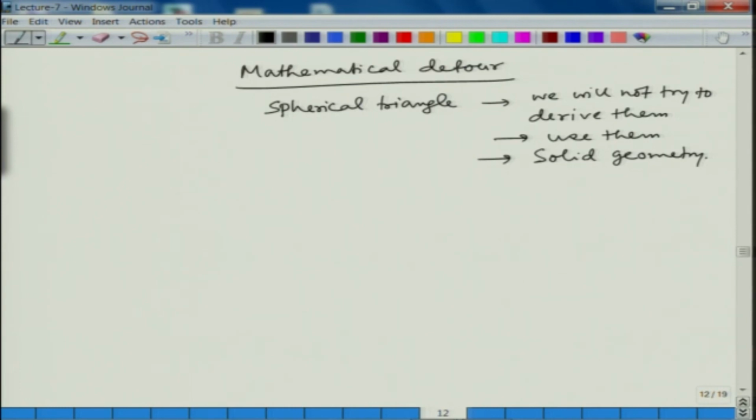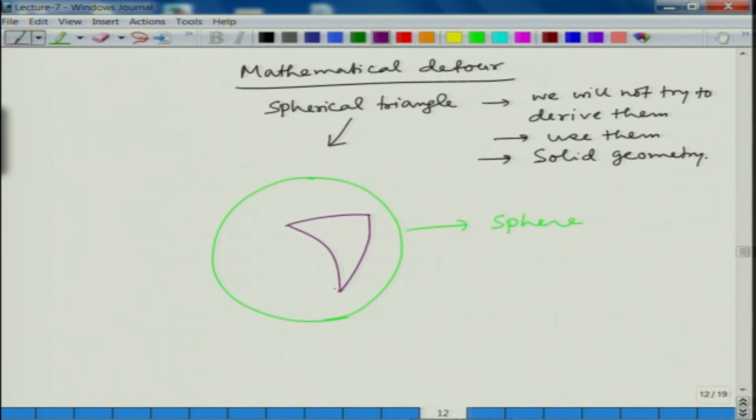Okay. So, what do we mean by a spherical triangle? You can think of a sphere, okay, not a circle, but a sphere, and on the surface of this sphere you can draw a triangle, right. Why am I drawing it like this?